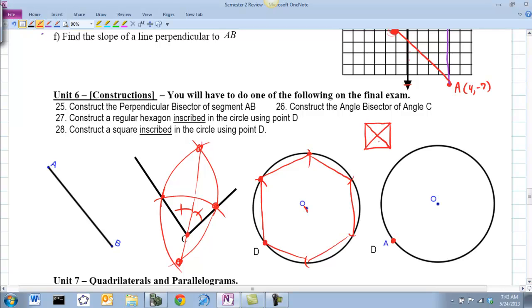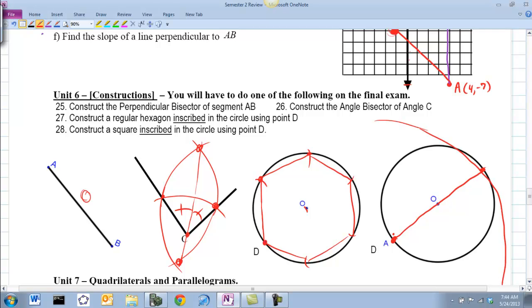was that the diagonals of a square were both perpendicular, congruent, and bisected each other. So I would start by just using my straight edge and drawing a line straight across there, and mark that point, mark that point. Then I would do the exact same construction we did over here, the perpendicular bisector. I'd put the point of my compass on A and the pencil over here, and I would mark out an arc that would go this direction, kind of go through there and that direction.